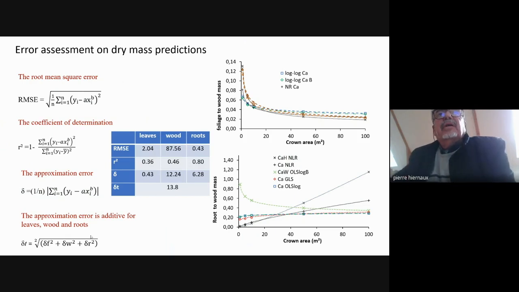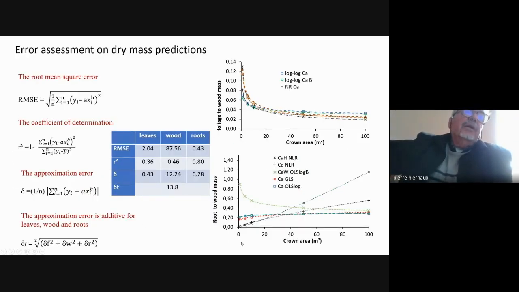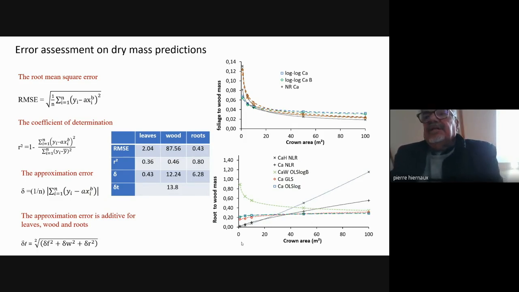When you increase the crown area, you were getting values that are very low and a bit suspect. We also looked at the root to wood mass ratio, and some of the functions, especially the nonlinear regressions, were completely off in this case. So they were excluded for that reason.